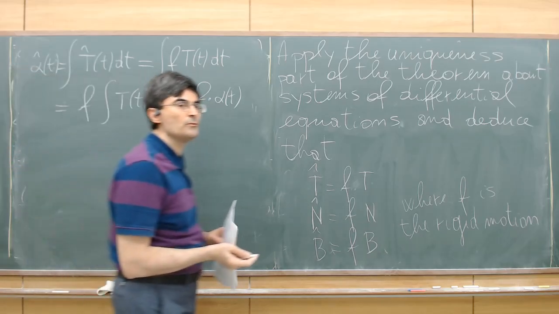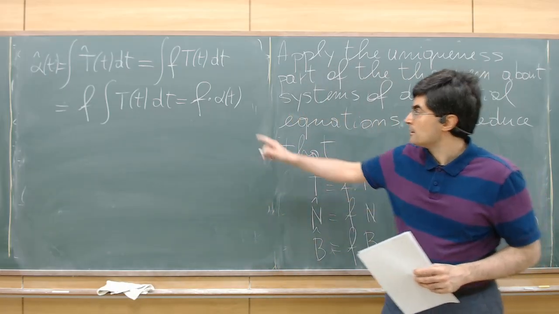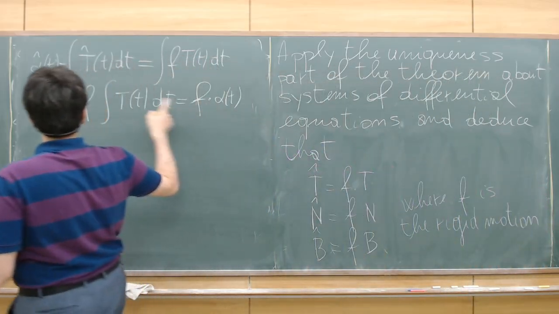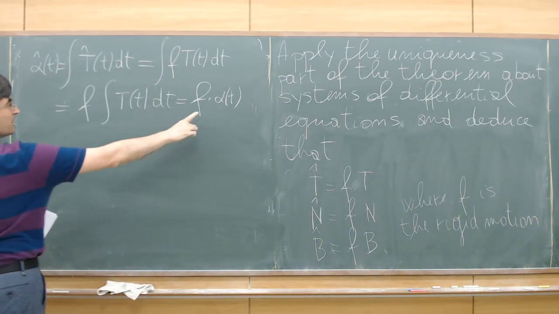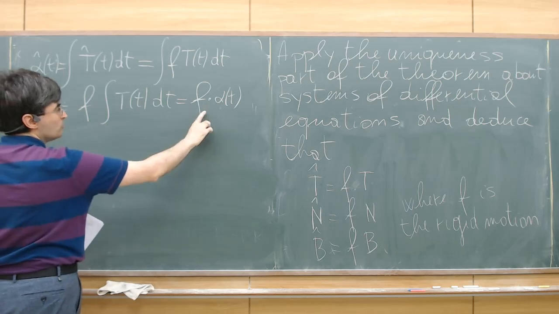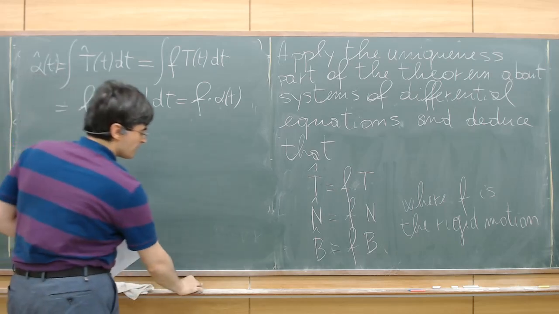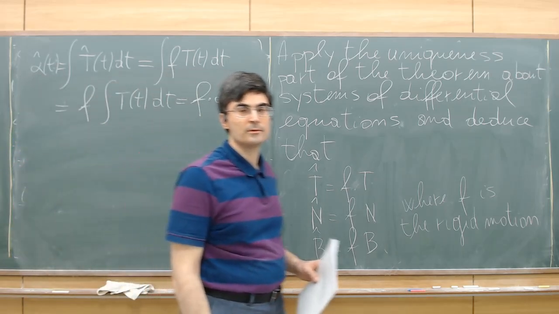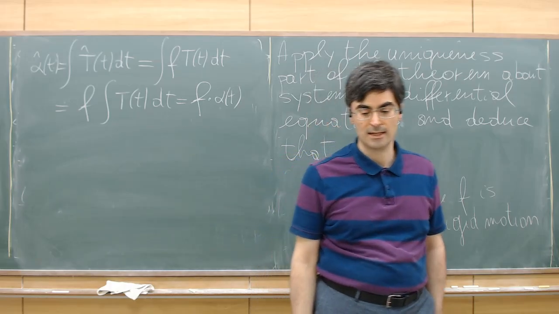So this proves that alpha and alpha hat differ by a rigid motion which is proper. So this is the end of the proof. For today that's all. Thank you for your attention.